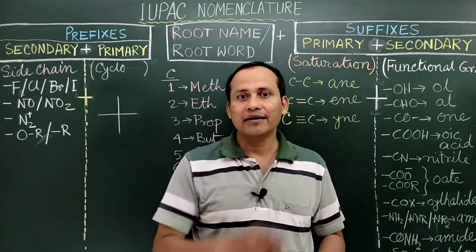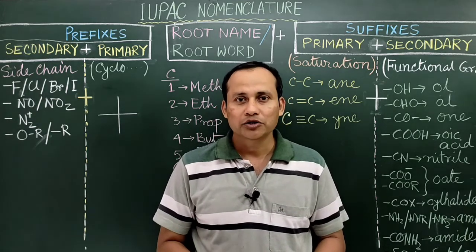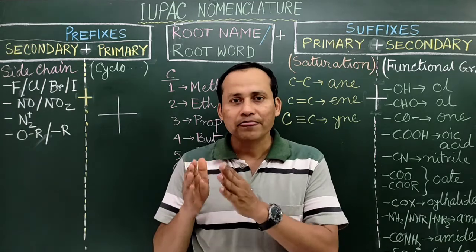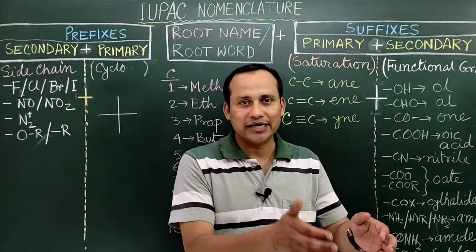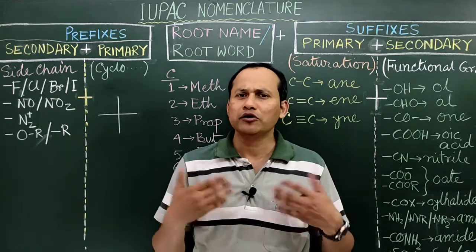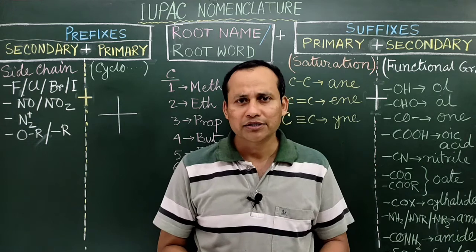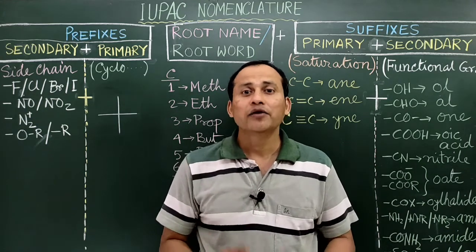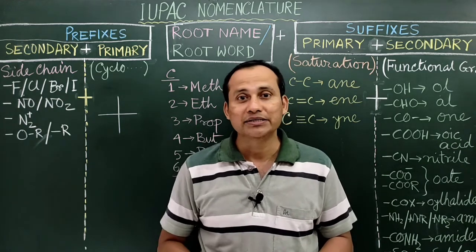Now there are millions of organic compounds. If they have local names, one name in India, another in USA, another in Australia, then there will be a little confusion about the compounds. That is why one uniform, universal name is required.